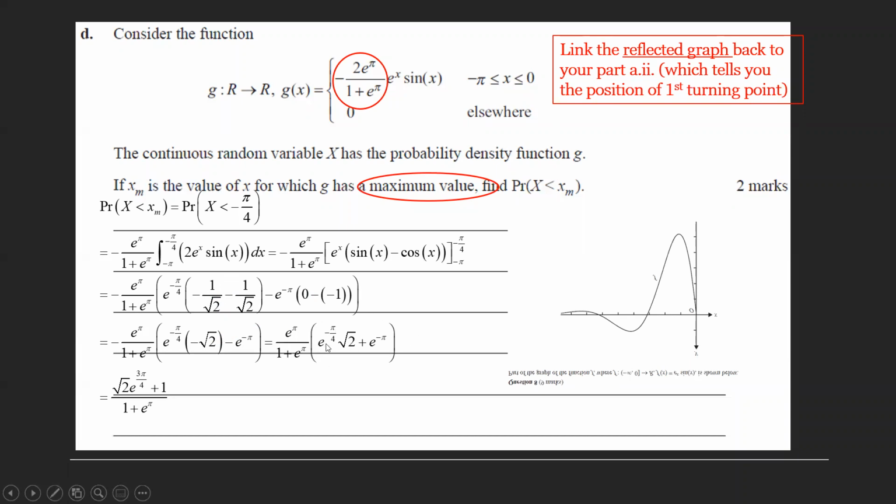And yes, you can simplify this one by multiplying e^π into the bracket to get root 2 e^(3π/4) plus e^π times e^(-π). This is 1. I think a relatively elegant answer should be written in this way, but there could be other equivalent forms, I must admit. I did not include all of them here. So that's the answer to the last part.